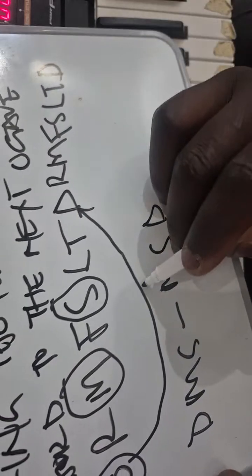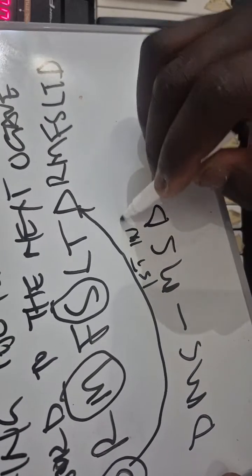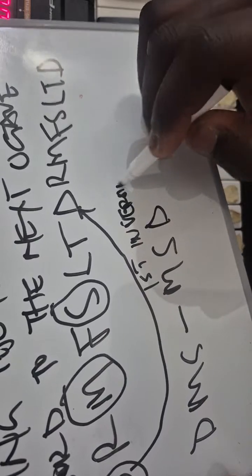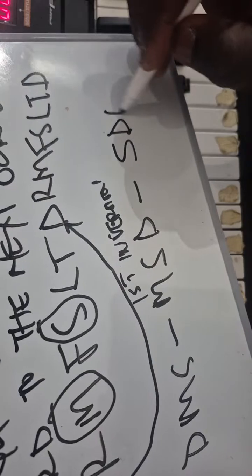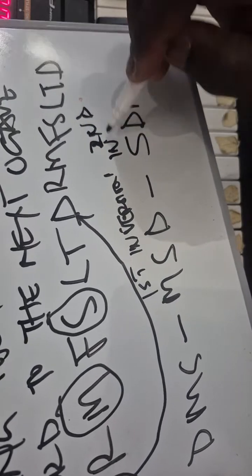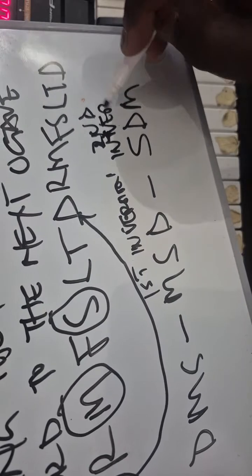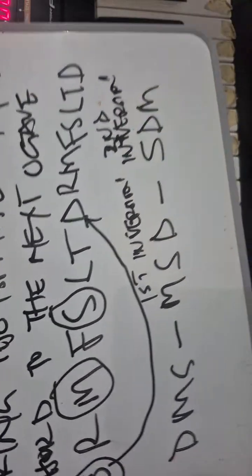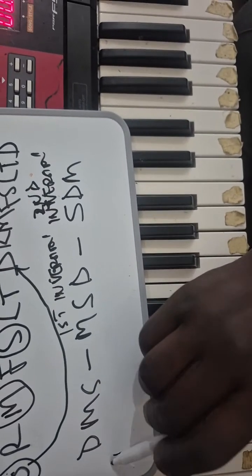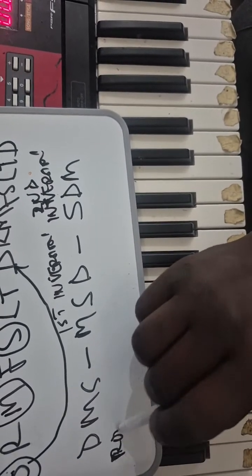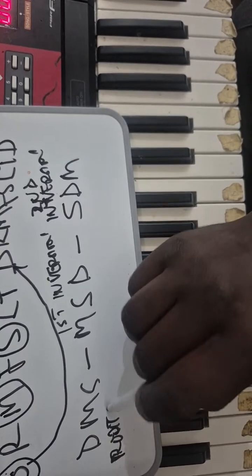So this is the first inversion. And then you take it to so, do, mi, which is our second inversion. Okay, so do, mi, so, this is our root position.